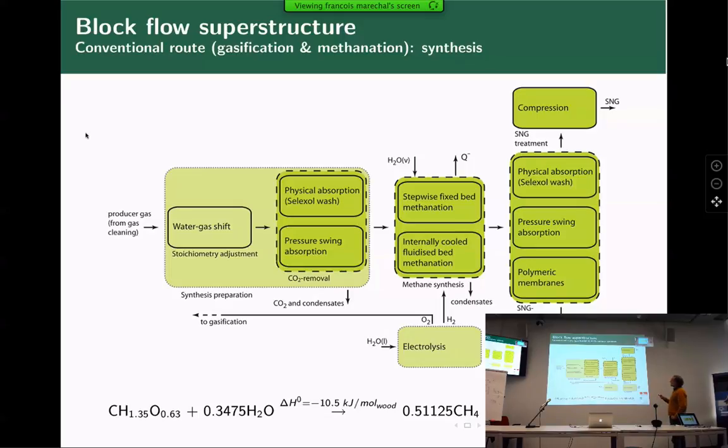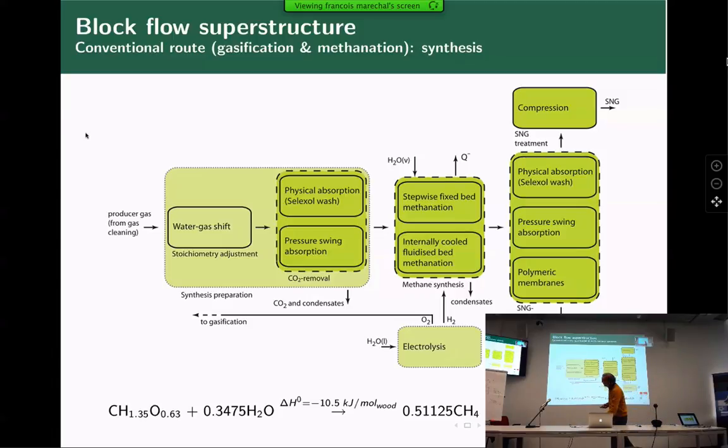I will have here a combination of carbon dioxide and methane, and I have different options to separate the methane from the carbon dioxide to end up with my end product, which is the synthetic natural gas, and the byproduct, that is the carbon dioxide.